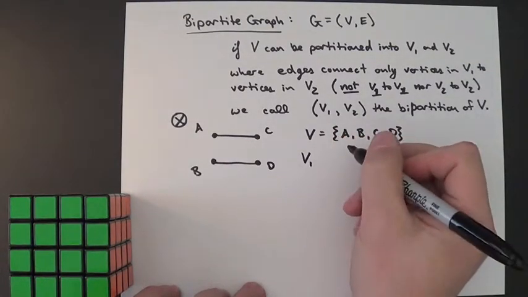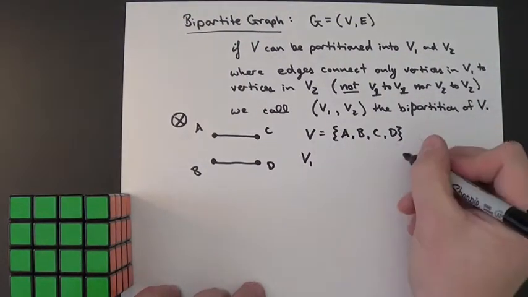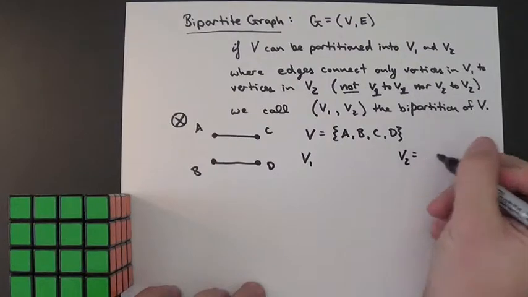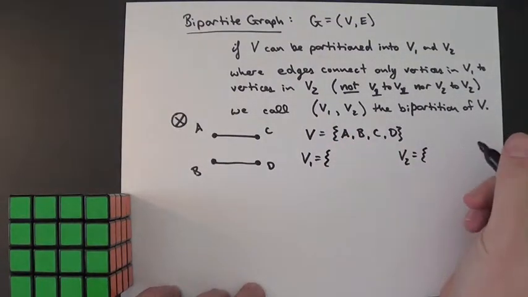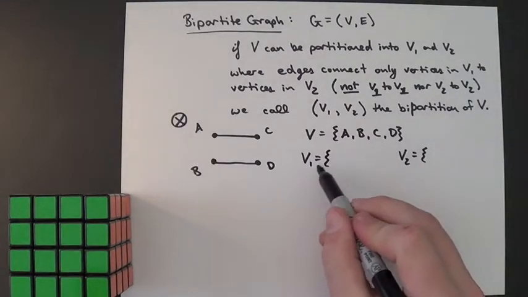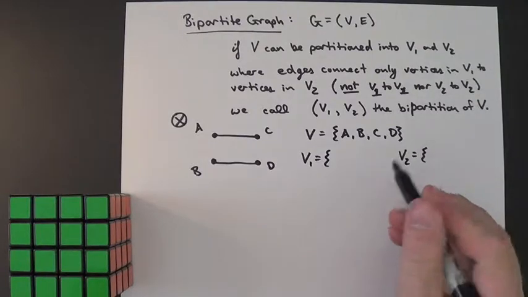Remember, partition means that the two sets, V1 and V2, are mutually exclusive, have no common elements, and that if we take the union of V1 and V2, we will get the entire set V. That's what a partition means.